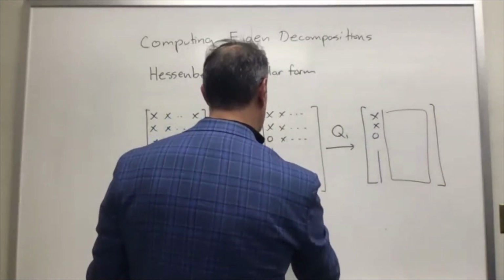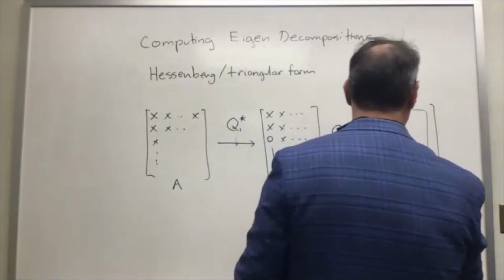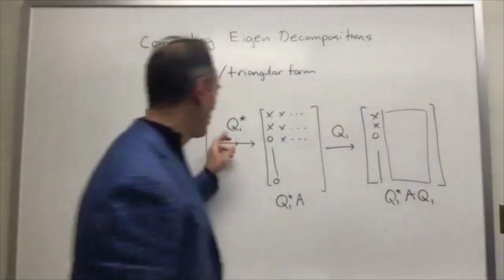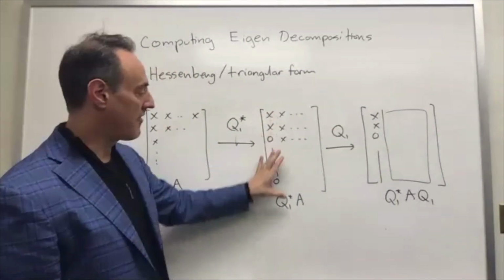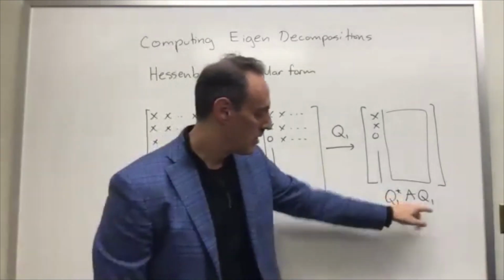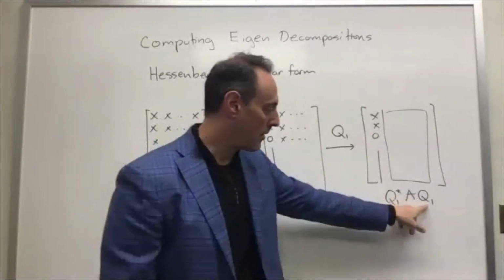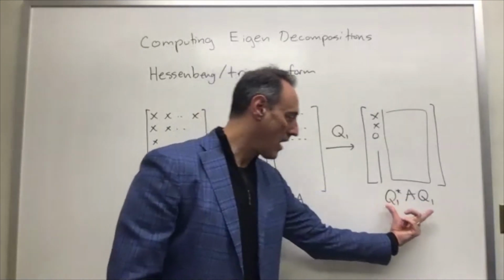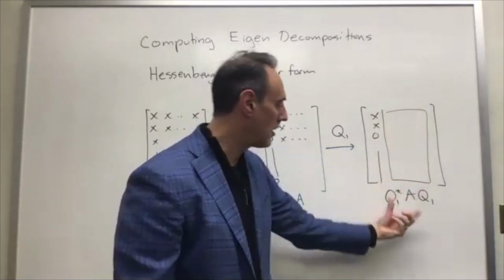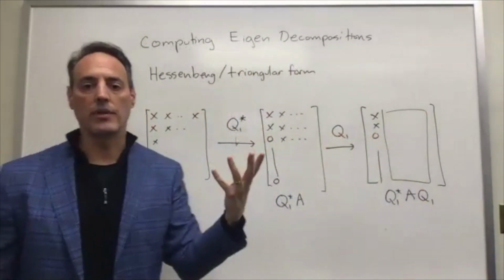So this here is Q1 star A. This one here is Q1 star A Q1. So whatever this matrix Q1 star is that I found, I now want to post multiply on the right. Remember, this is going to be unitary. By post multiplying on the right, you still have these zeroed out here, but now all these values change in here, in such a way that this is self-similar to what you started with.